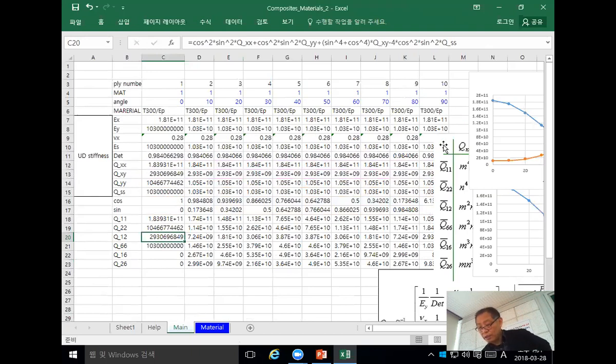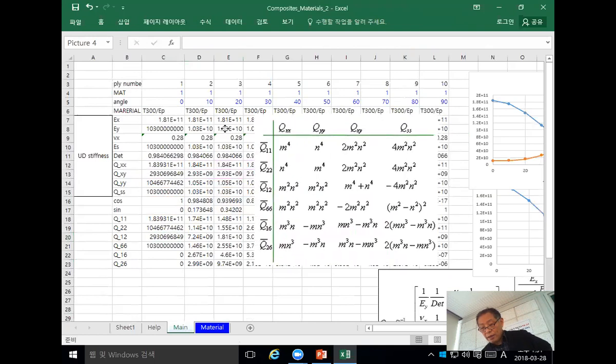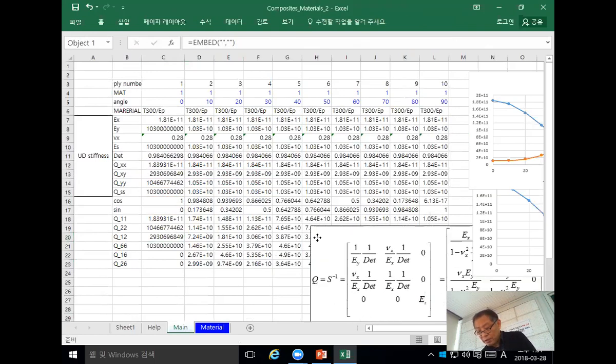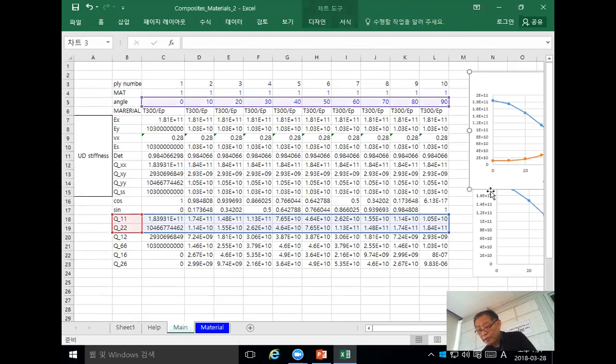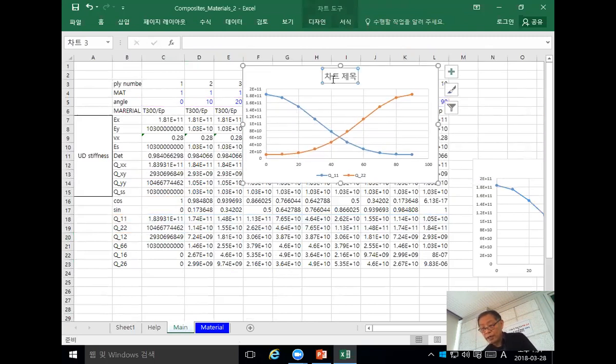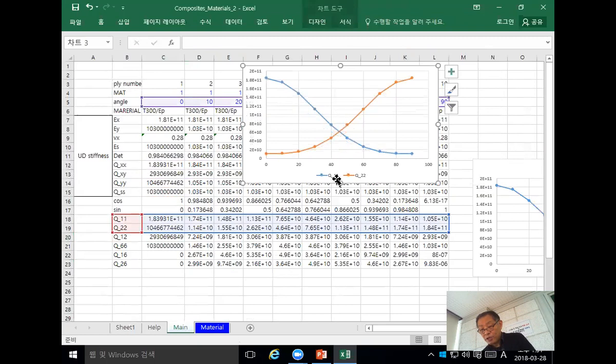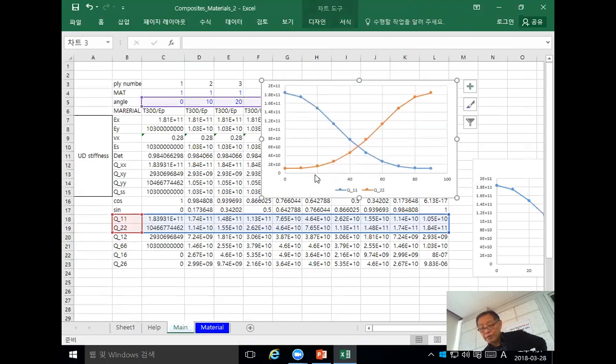I'm sure you already know that. One thing, now we get rid of this and this. This one shows just Q11 and Q22, that's a vertical axis, and along angle. So we just change this angle, just for the purpose of showing the variation of a value along the angle.